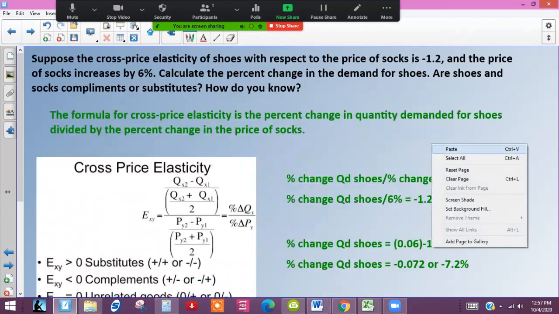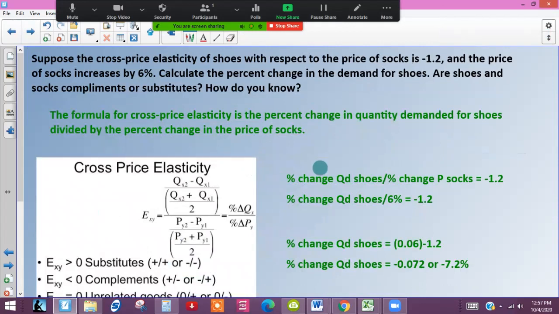All right, so this is the formula. The percentage change in quantity demanded of shoes divided by the percentage change in price of socks equals the cross price elasticity of shoes with respect to the price of socks. We know what that value actually is. We only know the percentage change of the price of socks, so we'll plug that in right there, and we're solving for the percentage change in quantity demanded of shoes.